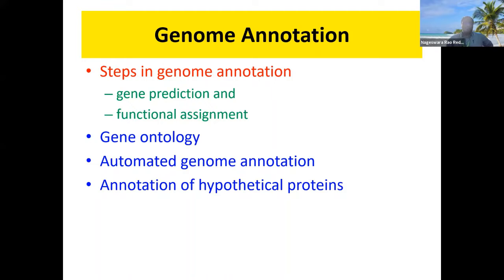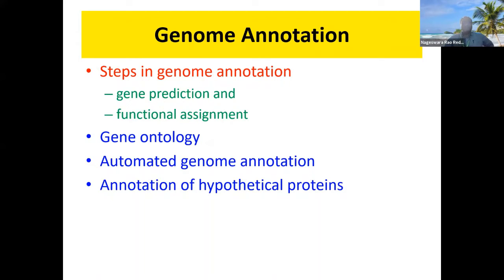And apart from this, people also developed a methodology known as gene ontology, a systematic, controlled vocabulary language where we can identify the function of the gene, even if you're not able to identify it by simple and straight methods like BLAST or FASTA, which are known as homology methods.